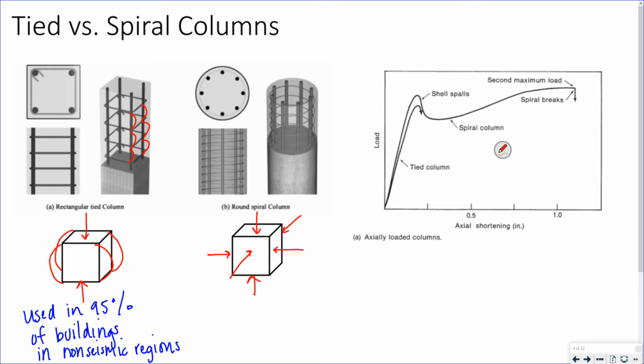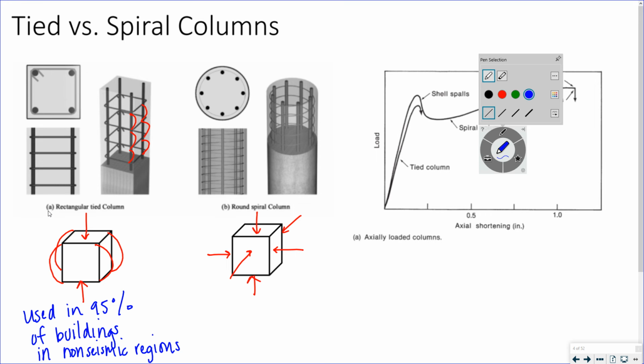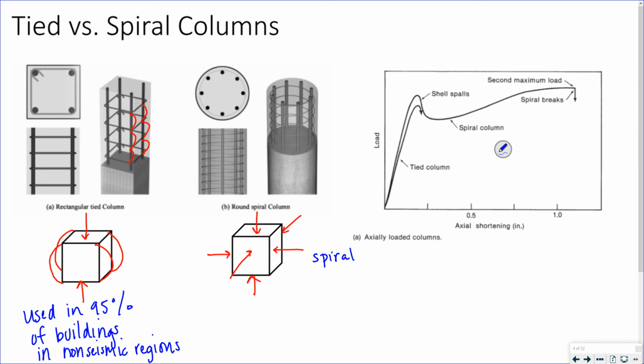It's not going to allow the same type of deflection or buckling that the tied column would allow. So the concrete core, we're going to say the spirals provide confinement more so than the ties would.